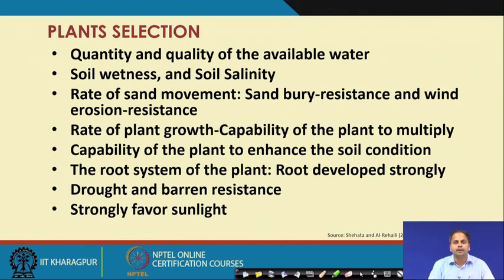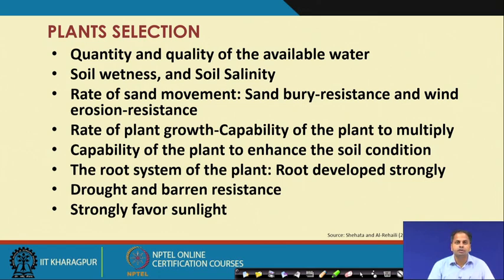Then selection of plant. This is perhaps the most important component of afforestation or permanent control measures, that we need to identify a variety of plant which is more suitable for that region. Okay. So the plant growth should be optimum in that region, and they should be tolerant to the climatic condition of the region.